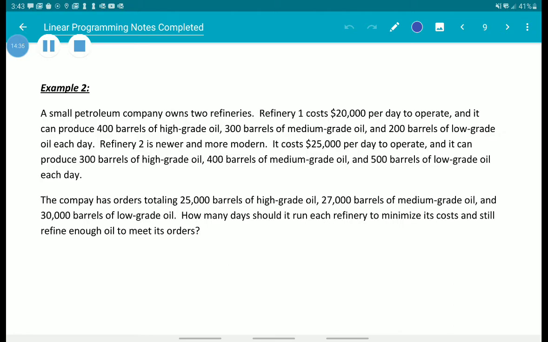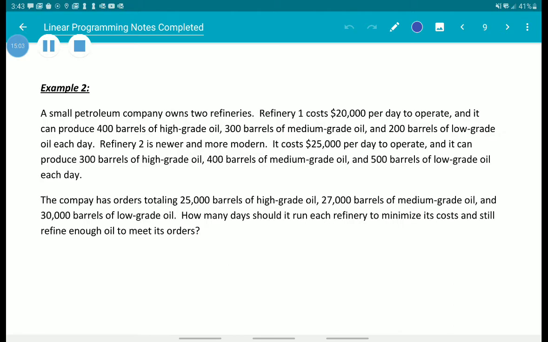It costs $25,000 per day to operate, and it can produce 300 barrels of high-grade oil per day, 400 barrels of medium-grade oil per day, and 500 barrels of low-grade oil each day. The company has orders totaling 25,000 barrels of high-grade oil, 27,000 barrels of medium-grade oil, and 3,000 barrels of low-grade oil. How many days should it run each refinery to minimize its costs and still refine enough oil to meet its orders?